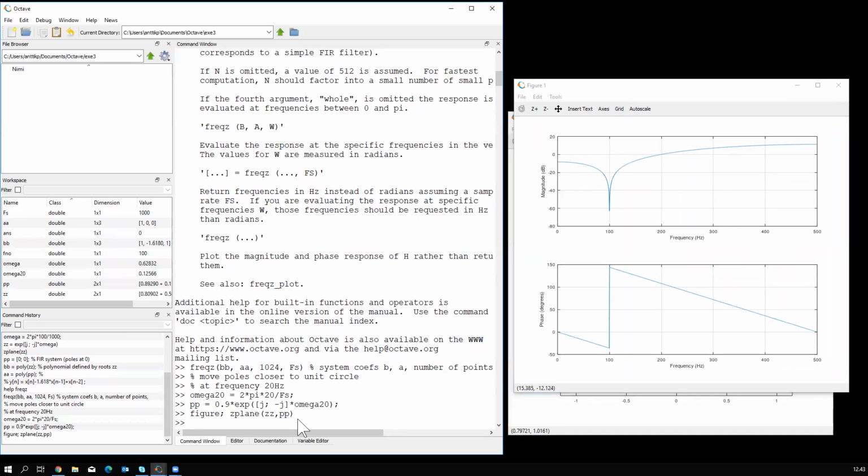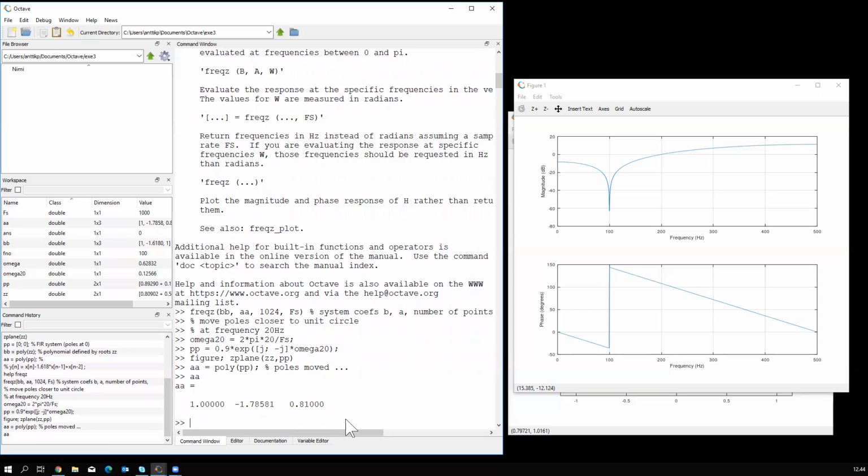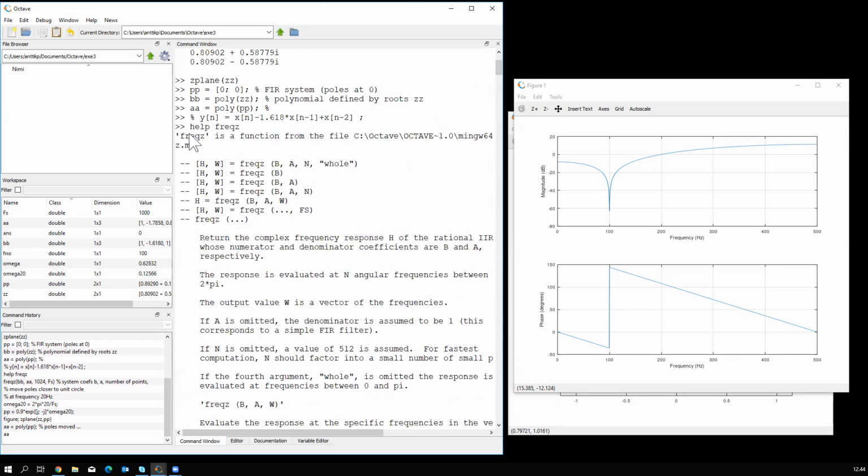The BB coefficients are still the same, but now we changed the poles, they moved, and now we have AA. Okay, let me print those. Okay, these are non-zero terms, so basically, do I have it?